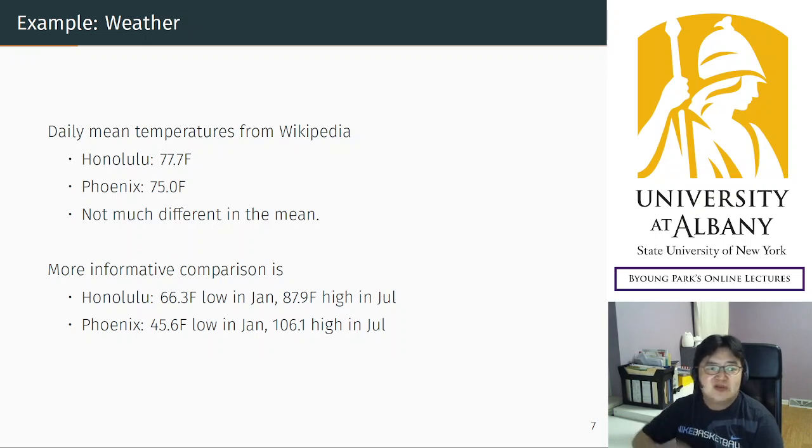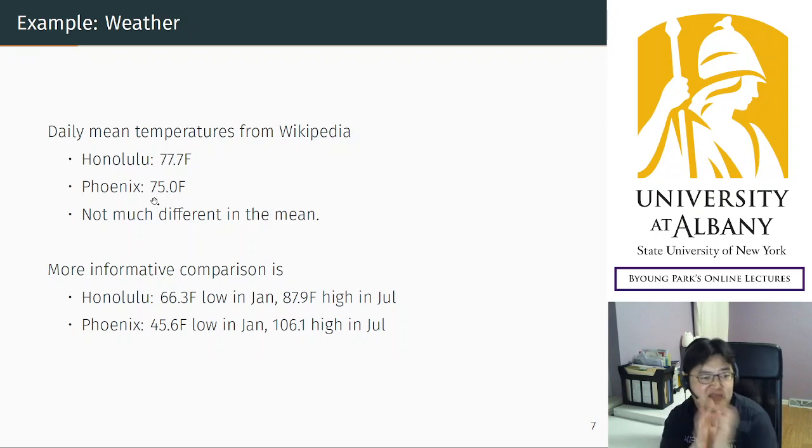The daily mean temperatures I took from Wikipedia. By the way, those numbers may have changed since I made the slides 8 years ago, due to global warming. But at least 6 years ago, the average temperature was 77.7 Fahrenheit in Honolulu and 75 in Phoenix.